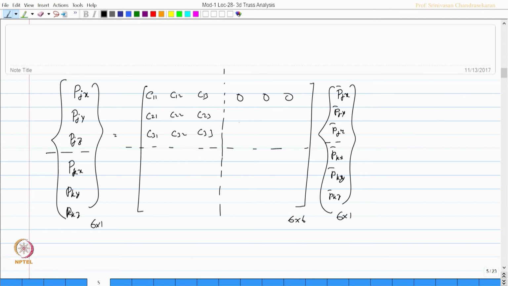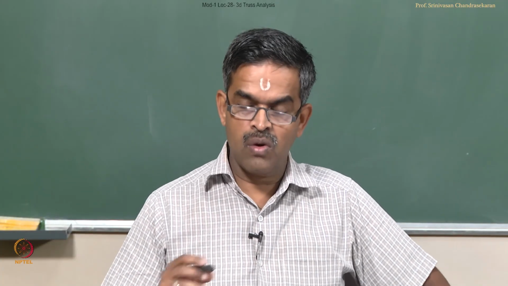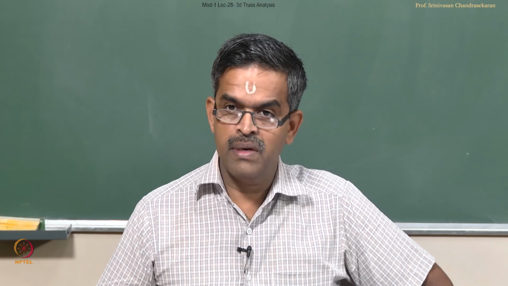The remaining part will be 0 and by symmetry this will also be 0 and this will repeat as 1 1, 1 2, 1 3, 2 1, 2 2, 2 3, 3 1, 3 2 and 3 3, which is the same style as that of the beam element in a 3D analysis, except that in a beam element it was 12 by 12, but in a truss element it is 6 by 6.